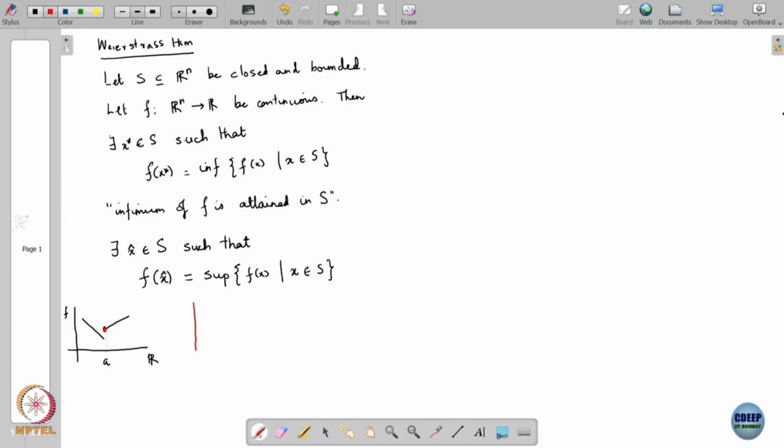Another case is the one which I drew last time, where the function is e to the minus x. So, here f of x equals e to the minus x, and we took S as the non-negative reals.